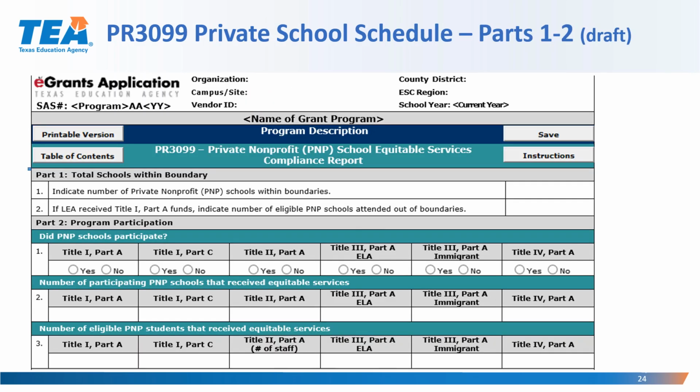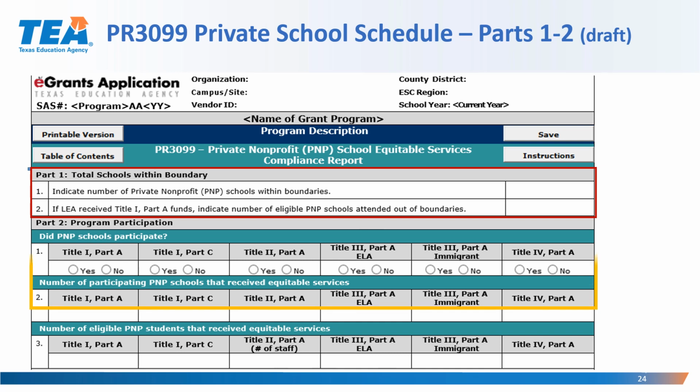This is an example of the PR 3099 private school schedule, which is the compliance report for private schools' equitable services. Part 1, an LEA would indicate the number of private nonprofit schools within boundaries, and if the LEA received Title I, Part A funds, they would indicate the number of eligible PNP schools that attended out of the boundaries.